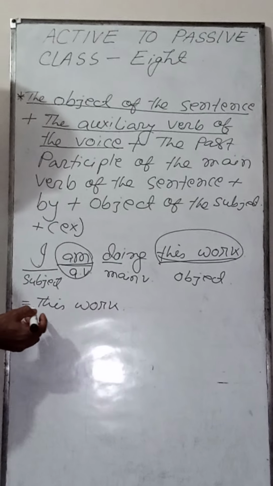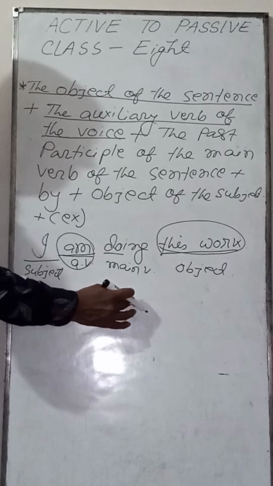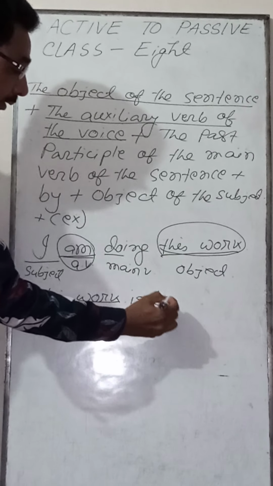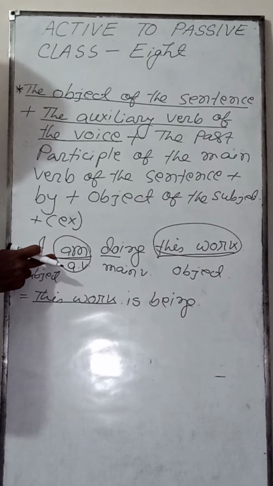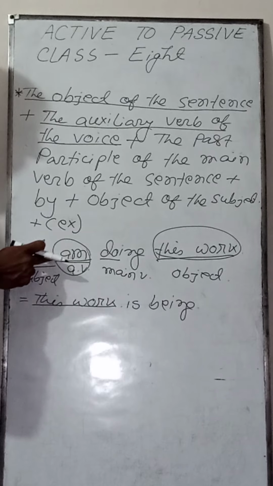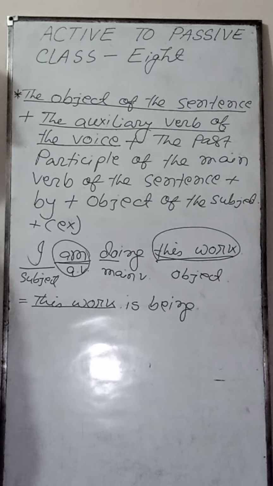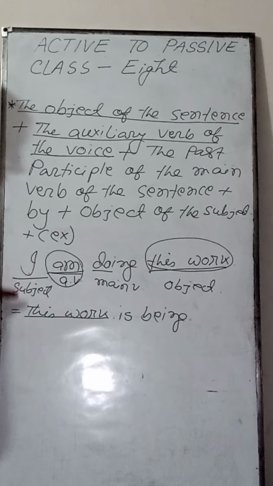But in case of this work, you have to write this work is being. Because if you find an auxiliary verb am, is, or are, you have to write am being, is being, or are being in case of changing this sentence from active to passive.